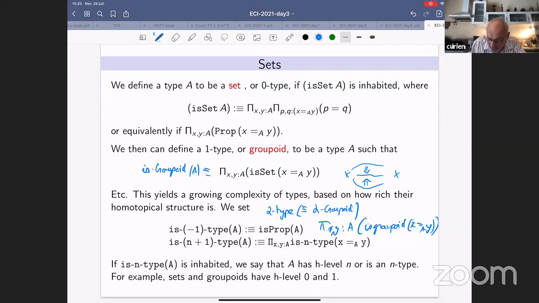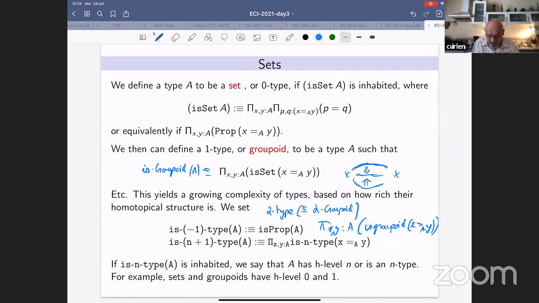So you have to think now that these one-dimensional things are elements. These two-dimensional things are morphisms or paths in this groupoid.